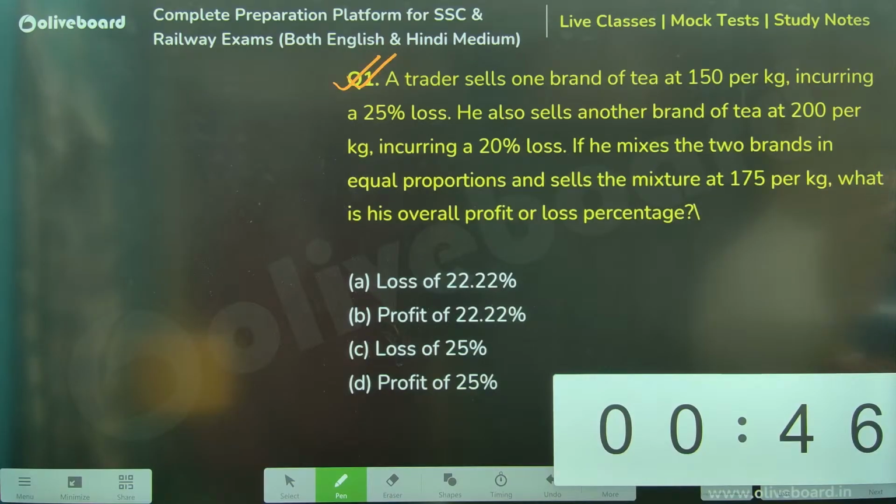This is a question from CGL 2025 itself. Most of these questions are, all are current year PYQs. Everyone, be very quick.